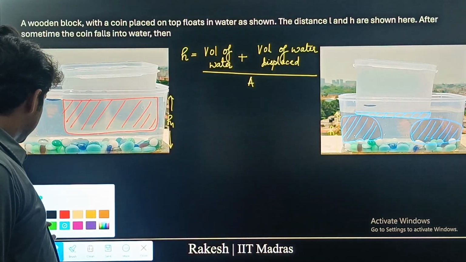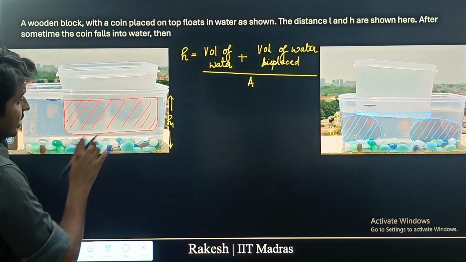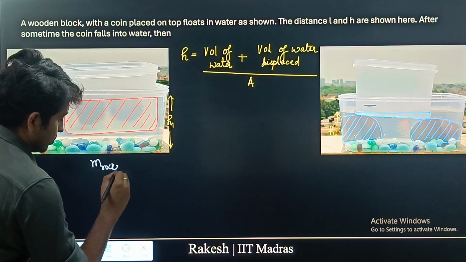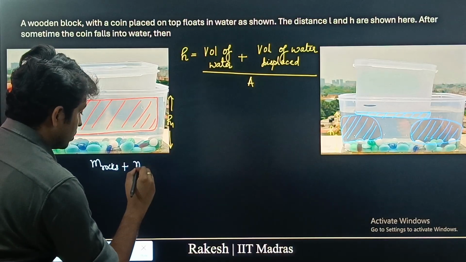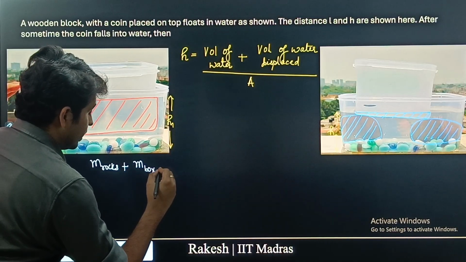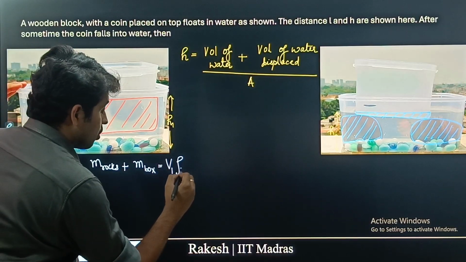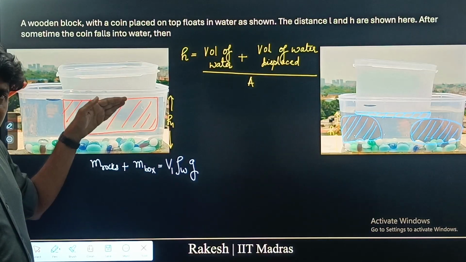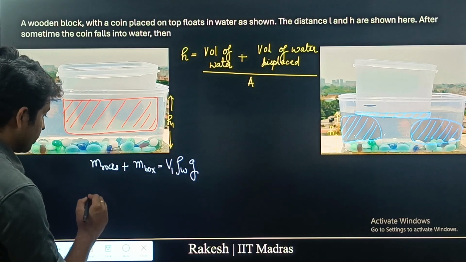So in the first case, what is the volume of water displaced? We can write here mass of these two rocks plus mass of box equals volume displaced. We'll say it is V1 into rho water into g. Okay, basically mg equals the buoyant force. So what is the volume of water displaced here? Tell me.